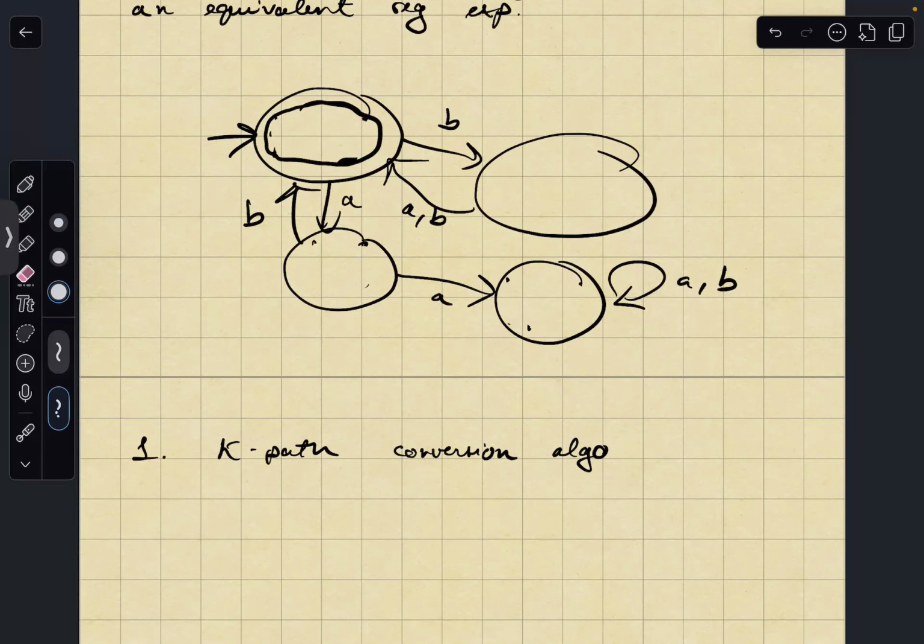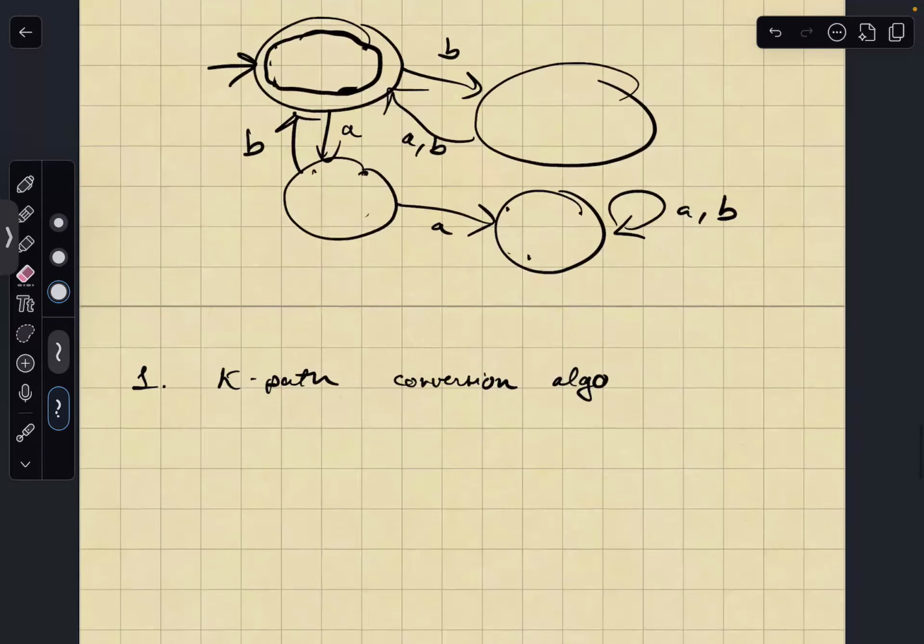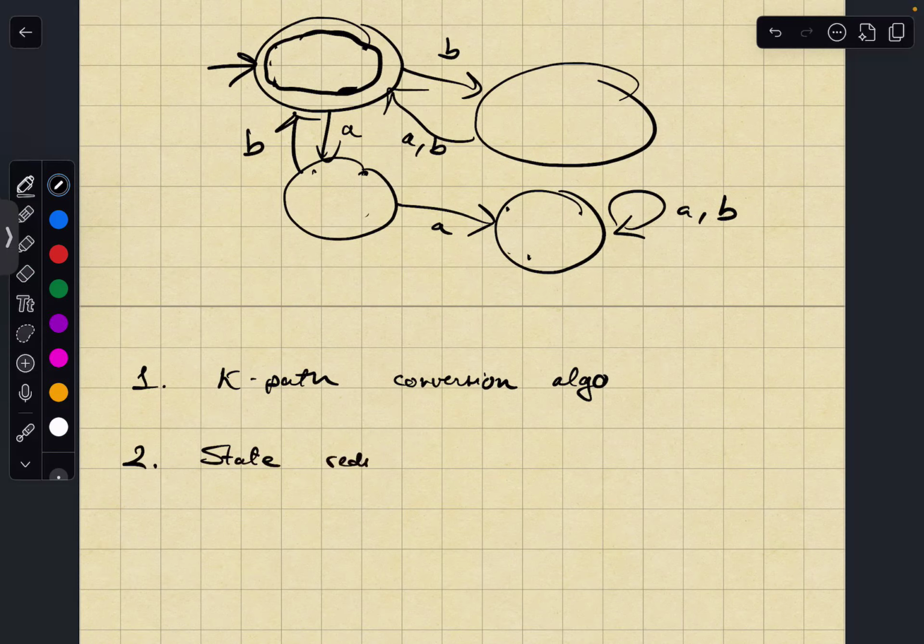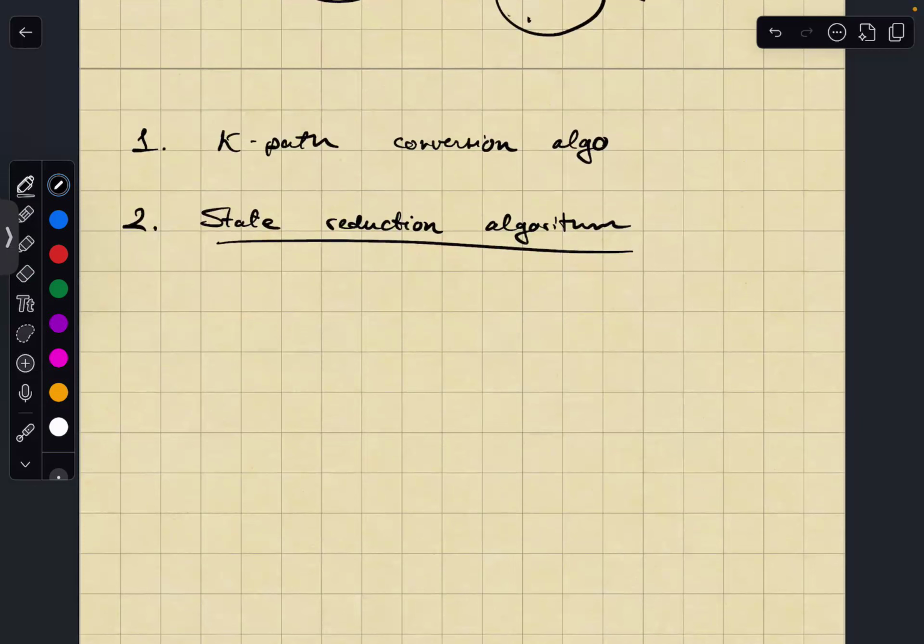So instead, I'm going to show you the other way of converting DFAs or FAs in general to regular expressions, the state reduction algorithm. And before you ask, yes, you can use either method during the midterm. You can do both, but maybe don't.